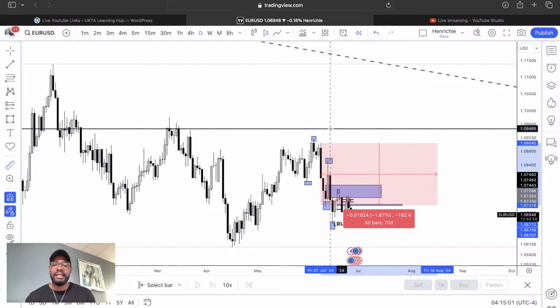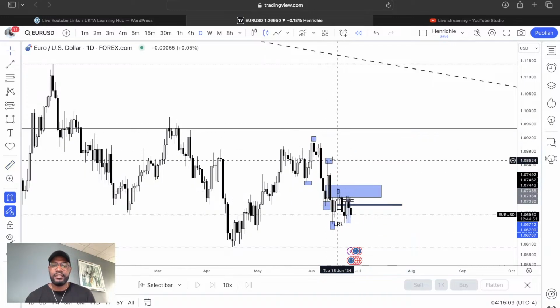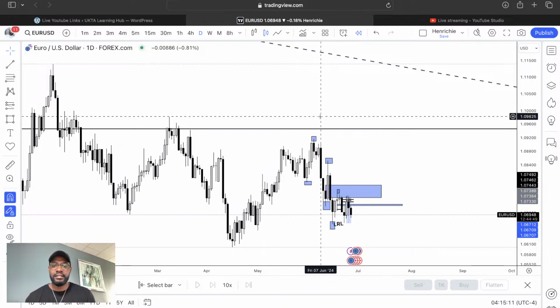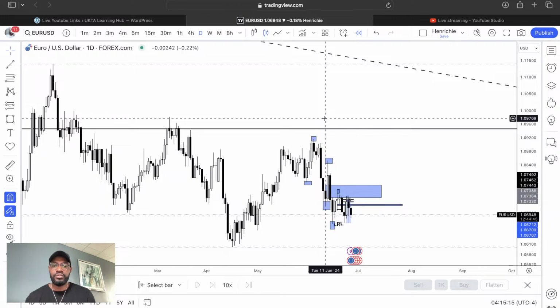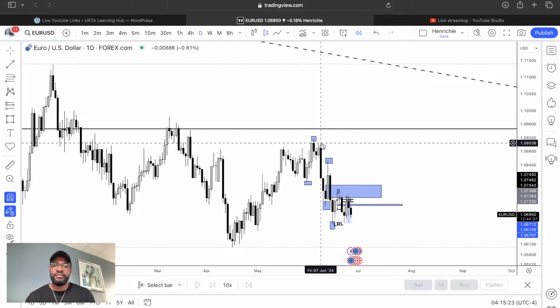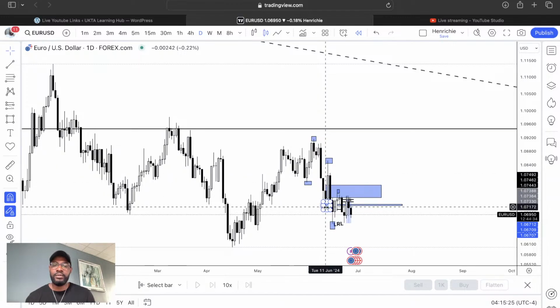It happened in 1 day of price action from here. So Friday, 7 June, to Tuesday, 11 June. So that happened within 3 trading days. Friday, Monday, Tuesday, price went from here to this low.